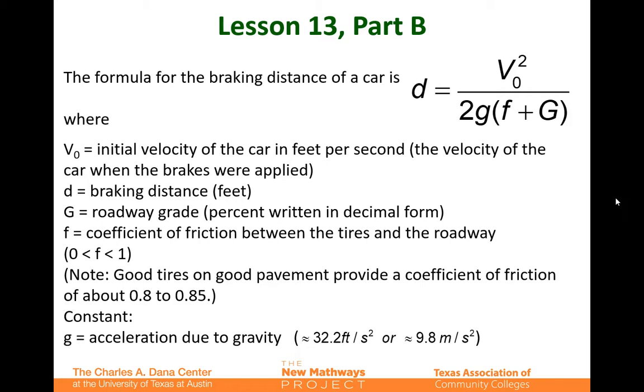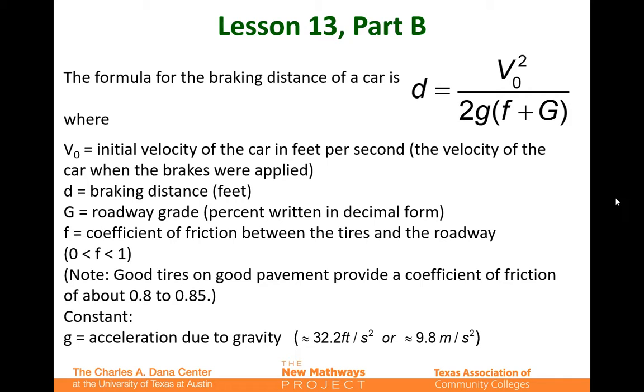How fast was the car going when you hit the brakes? D is the braking distance, of course. G is something they're calling the roadway grade. We're going to write it, it is a percent, but we will write it as a decimal. So it tells us something about road conditions.